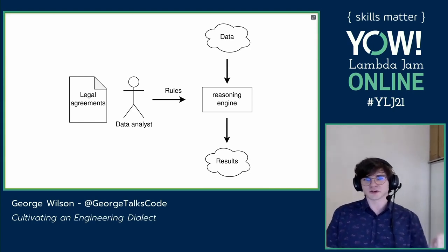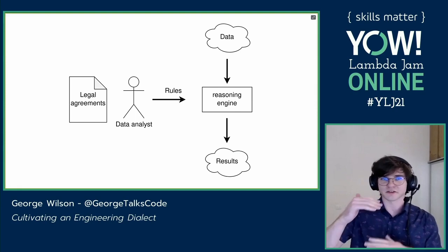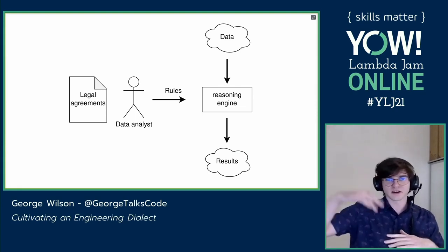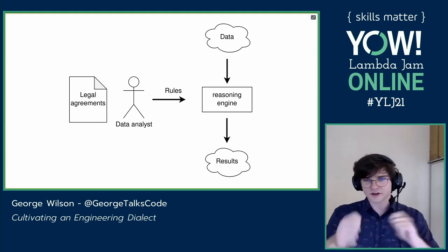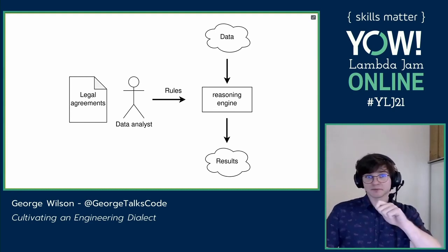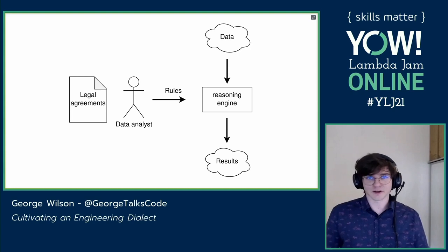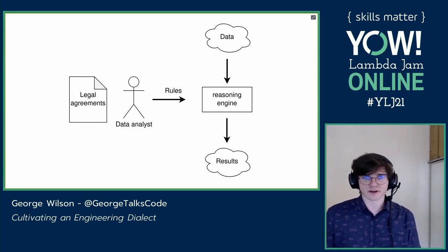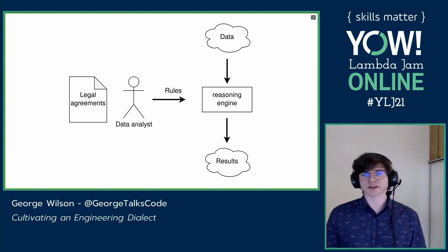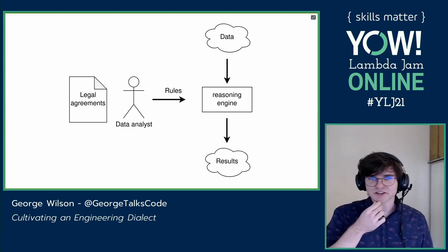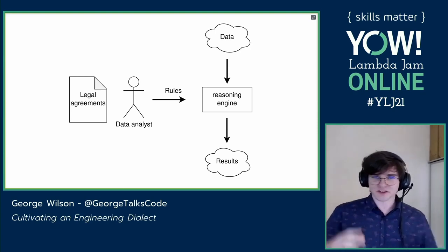And they convert those documents into rules in our reasoning engine, right? And then data comes in, and that might be pay records and timesheets and so on. And then that gets crunched through the reasoning engine, and then results pop out. And we use these to determine what employees should have been paid in certain pay periods. And if you're anything like me, and you're looking at this diagram, you're saying to yourself, oh yeah, so we've got this box, right?